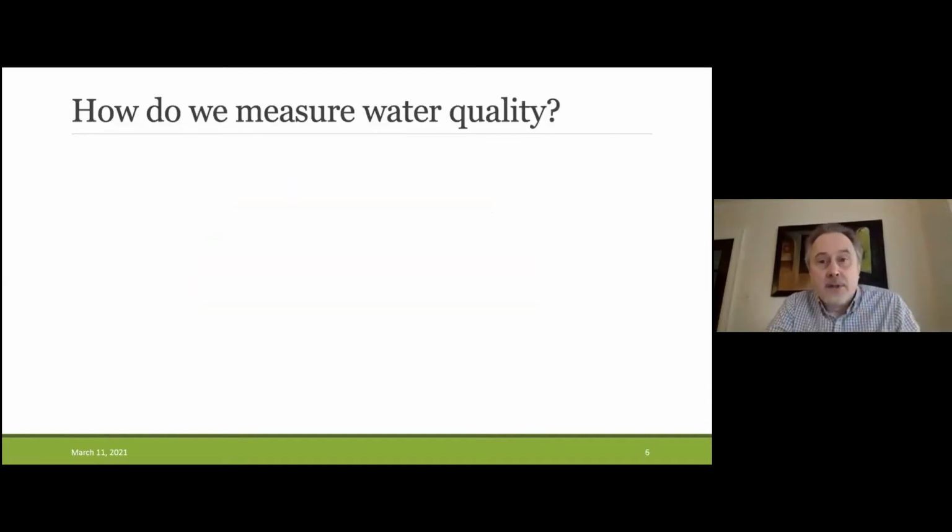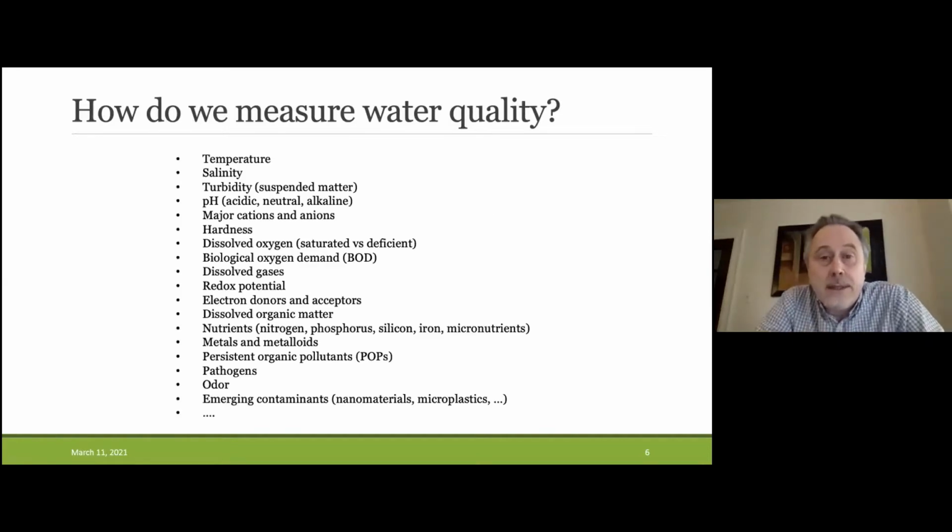So then how do we measure water quality? Again, it depends on who you are, what your interest is, which agency you're working for, or also what your expertise is. Here you see the list of typical water quality measurements: temperature, salinity, turbidity, pH, major ion composition, things like hardness, the biological oxygen demand, redox potential, or defining redox conditions in terms of the availability of electron donors and acceptors, dissolved organic carbon, and the list goes on and on and on.